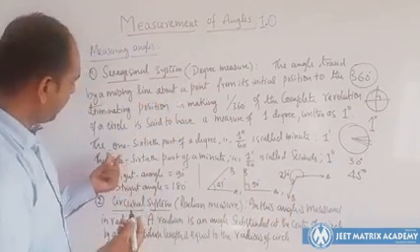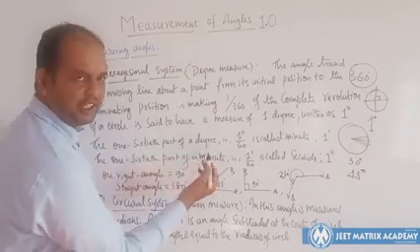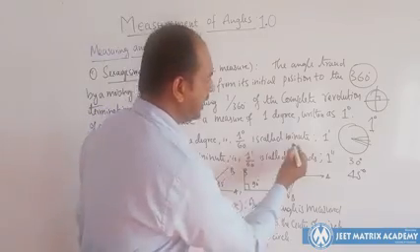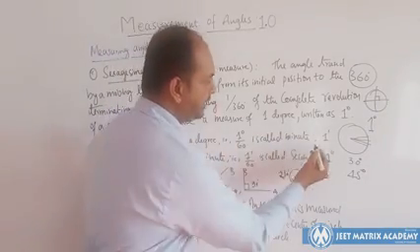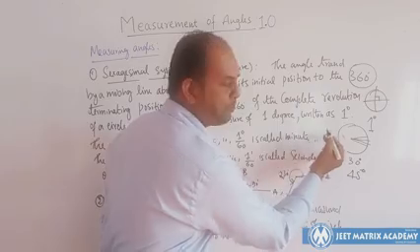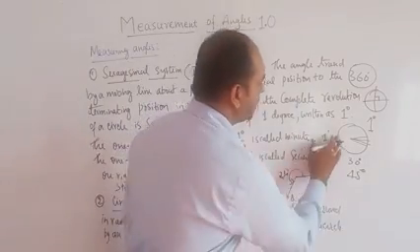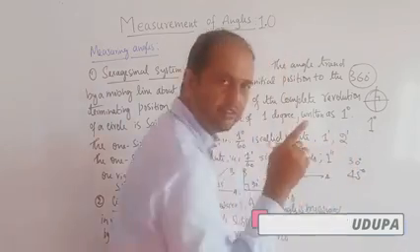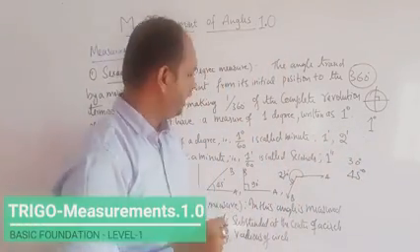One more important thing: the 1/60th part of a degree is 1 minute, represented by a single dash. 2 dash is 2 minutes.